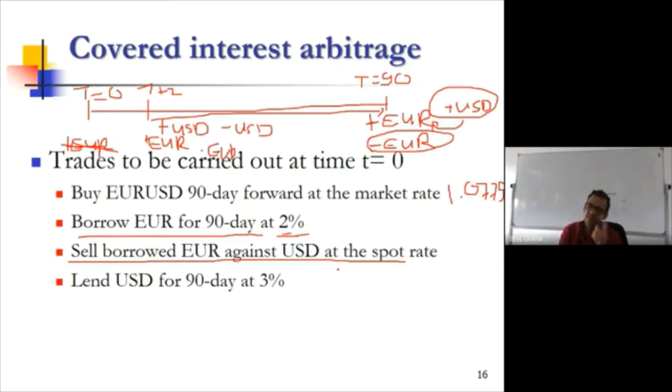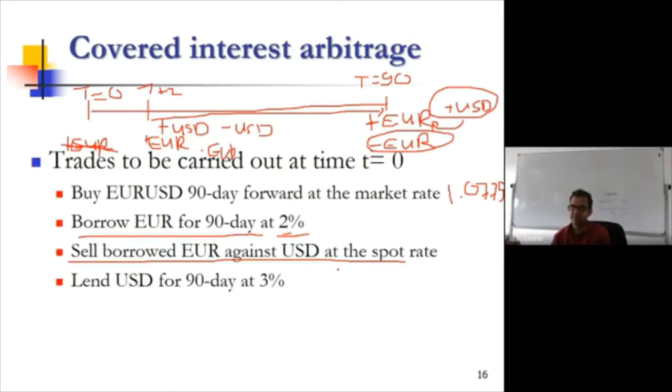But in one currency you will realize a profit. So these are the transactions that you do at time 0. You enter into a forward buy. If you buy forward the base currency, you borrow the same currency today and sell it at the spot market, get the counter currency, and lend the counter currency for the same period.